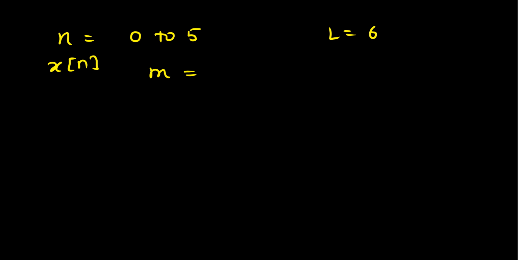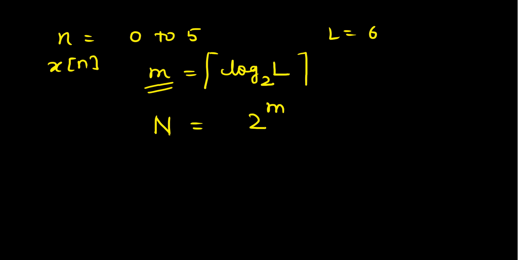Those can be found by just considering log to the base 2 of L, but with a ceiling here. And once we have the value of this number of bits, that is m, the value of n is to be chosen as 2 to the power m. So this choice of n has to be done initially, which depends on the length of the signal.